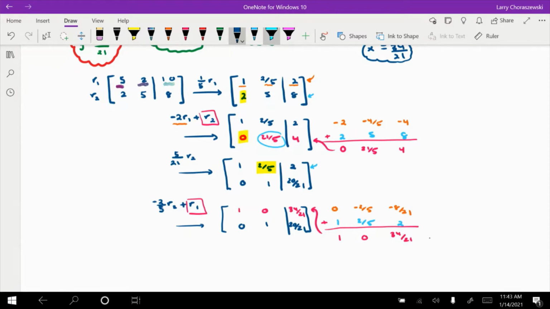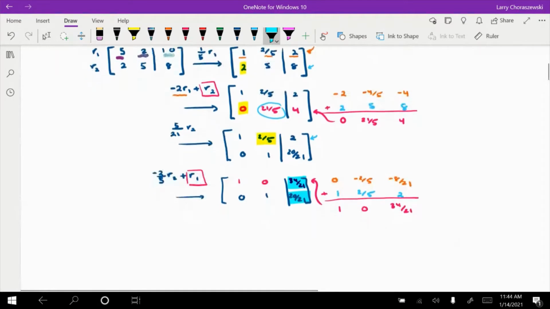Now, have we seen these numbers before? Take a look at our work for the elimination method version of the solution. Where have we seen these two numbers before? They were our answers. Yeah, they were our answers for x and y, weren't they?